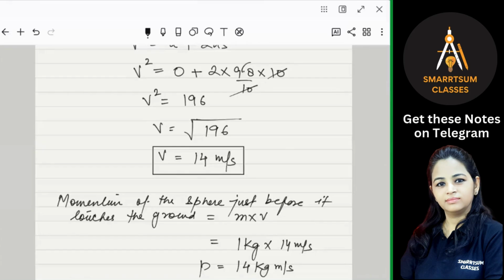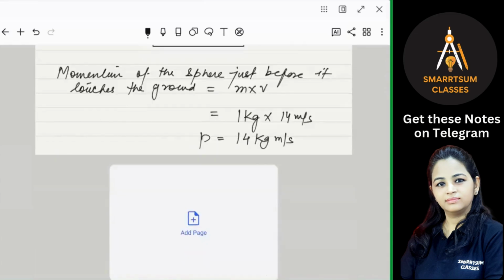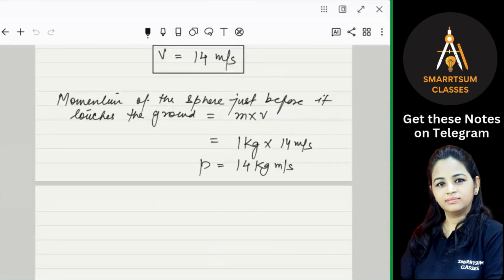That I told you, the conservation of momentum, right? So what momentum will be transferred to the ground? That will be equal to the momentum of the spherical ball just before it touches the ground. And that is 14 kg meter per second. Is that clear to you? Yes or no? Please tell.